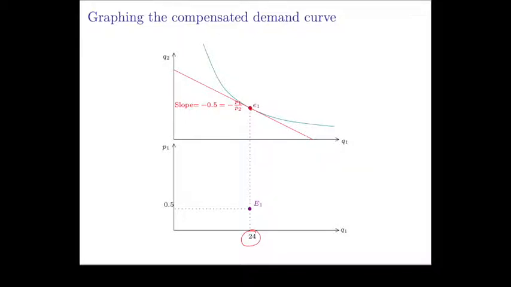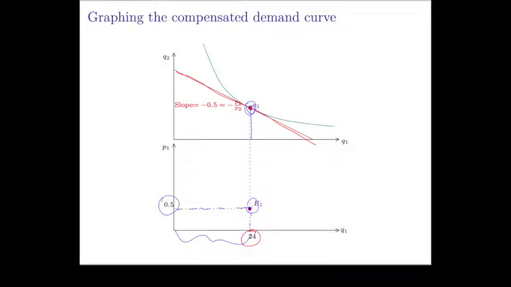So when we had graphed the uncompensated demand, the way we did that was to draw this budget line and then have the consumer pick their favorite bundle, like this one right here, look at the quantity that they demand, mark here the price of good 1, and put the quantity of good 1 that they demand on the horizontal axis, and that gives us this point, capital E1. That's how we found the uncompensated demand.